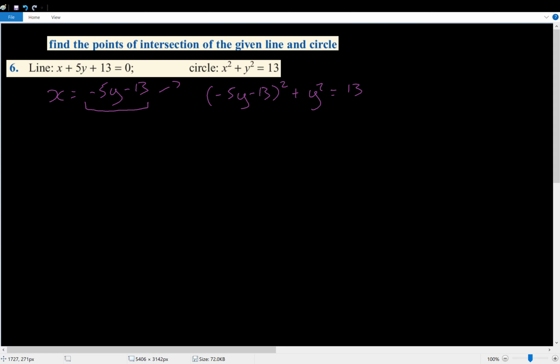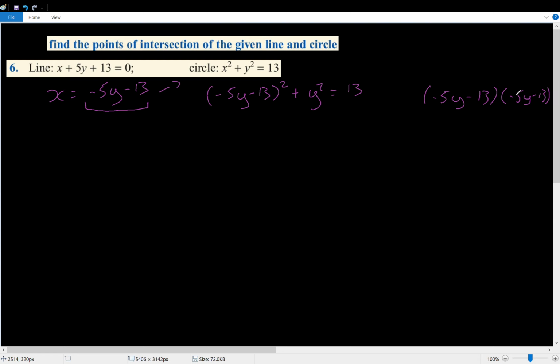If we multiply this out, there's two ways we can go about expanding this bracket. We could put them side by side like this, and then multiply it out as you would expanding brackets normally.